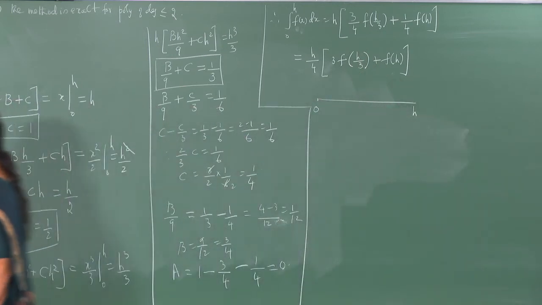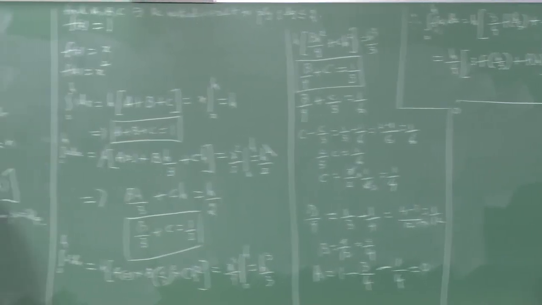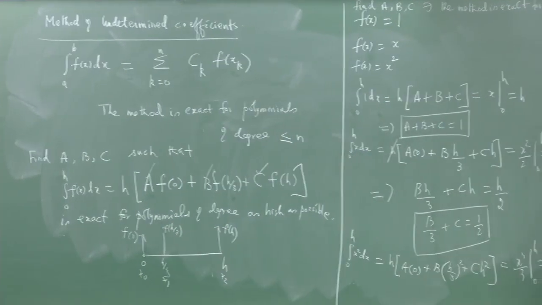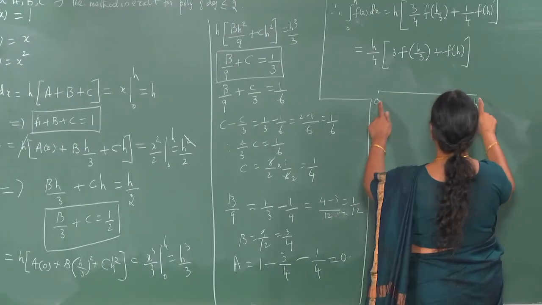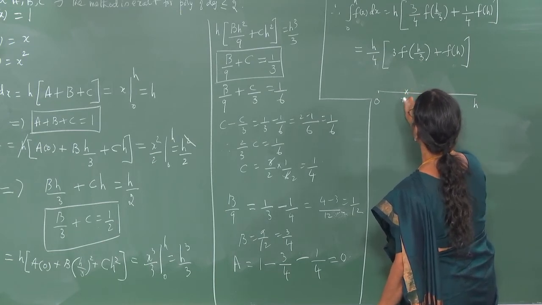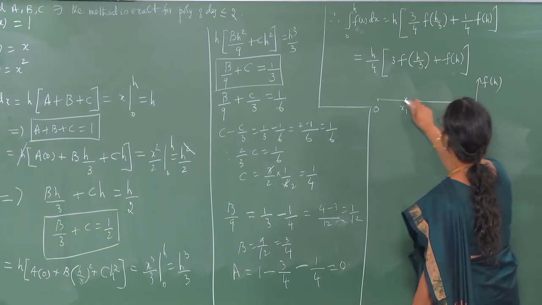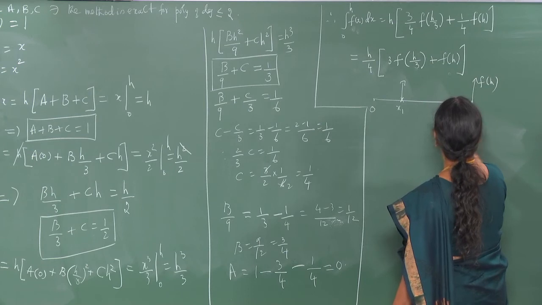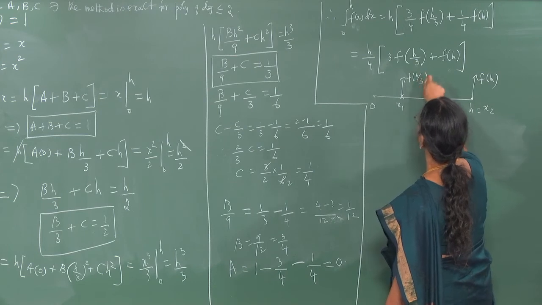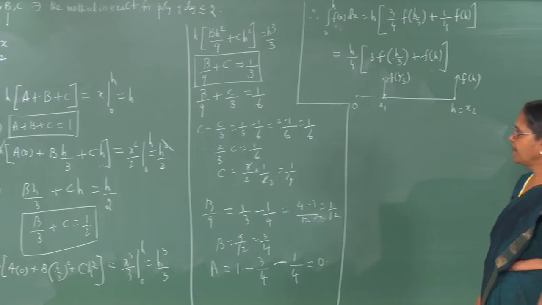In fact, since the interval of integration is 0 to h, the length of the interval is h. So, the ordinates are taken at the total length of the interval by 3, that is one of the points, which is our x1, and the other one is at this end point. So, evaluate these two ordinates and then apply this rule, you will get the value of the integral approximately.